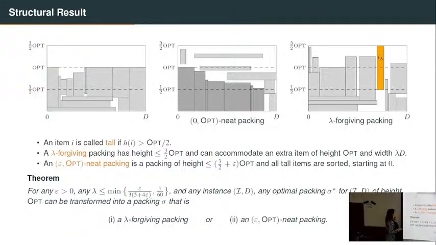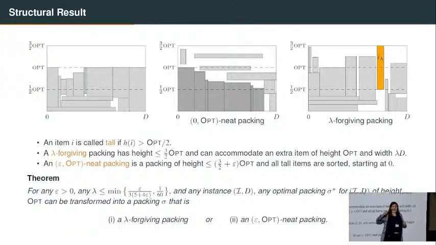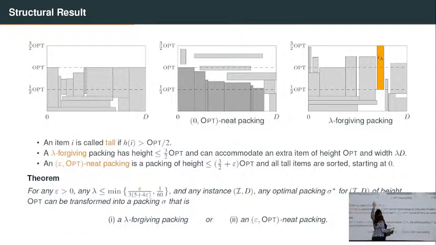And we define two kinds of packing. A lambda forgiving packing, which says we can rearrange the optimal packing in a way that we can introduce one more item which has height of optimum and a small width. And then we can take this item and squeeze it somewhere inside this packing by rearranging the original packing.